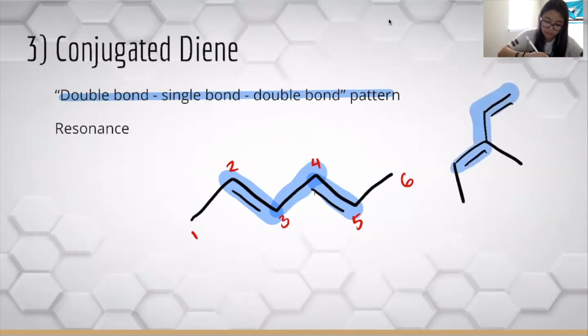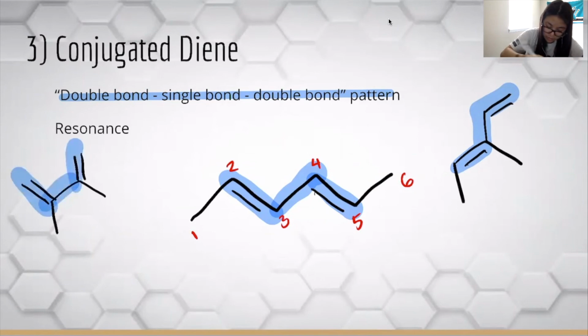And if I drew something like this, it's also a conjugated diene: double bond, single bond, double bond. So just look for those patterns. And in these structures, all of the p orbitals do overlap.